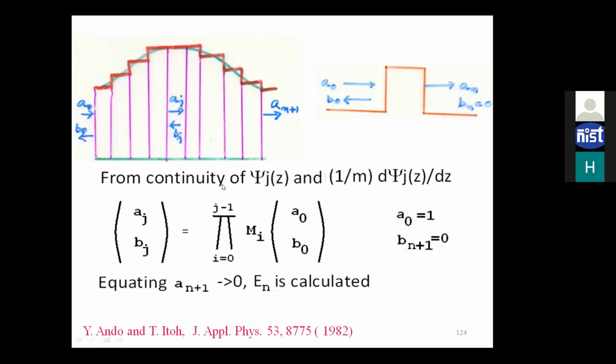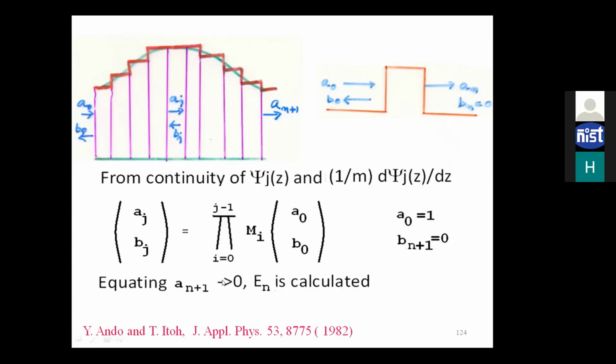That means there must be continuity of ψ_j, the wave function ψ_j. That continuity will be taken at the boundary, on both boundaries. Also, as we take this as a barrier, A_0 must be equal to 1 because it is the incident energy, and towards the right side there is no incident wave, so B_(n+1) should be equal to 0.